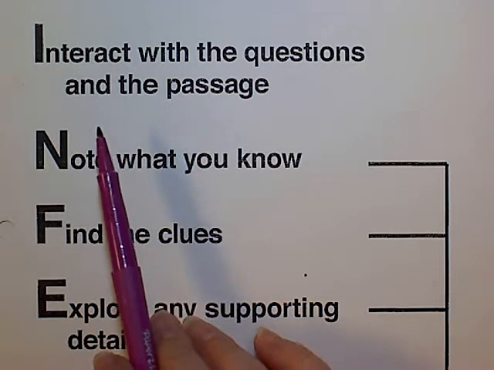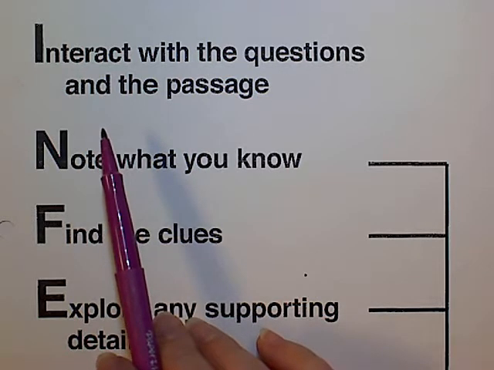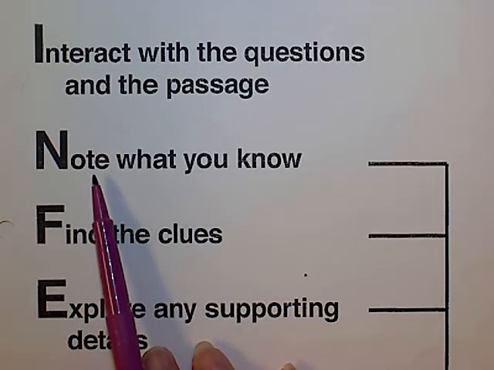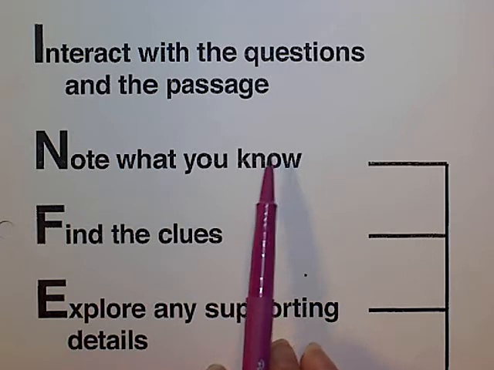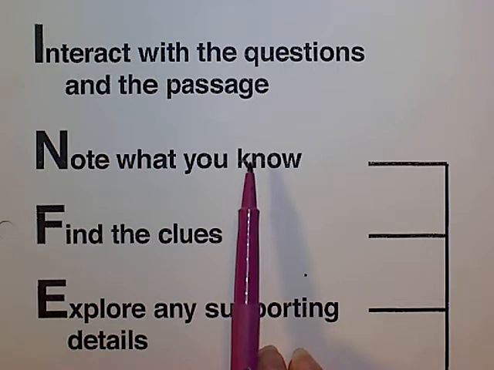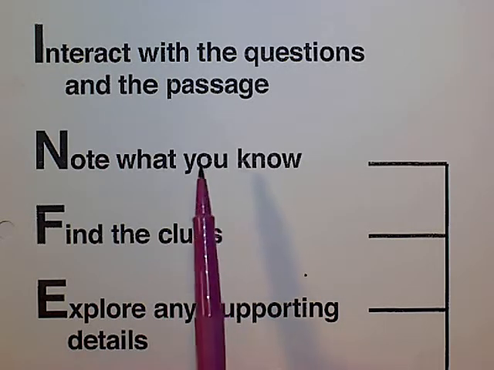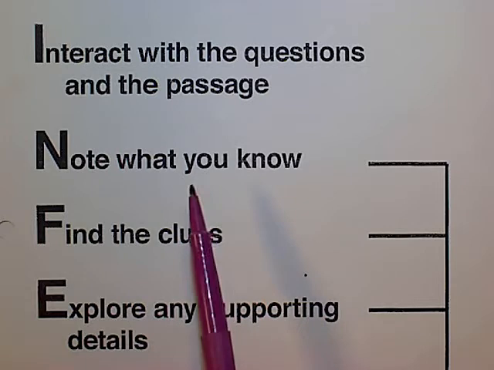Right, well, it's to remember to underline key words in the questions that can help you look for clues in the passage. For the note step, note what you know, you will decide what kind of question it is, and you will write a code letter next to the question. So what code letter did we decide is for factual question? Well, factual begins with an F, so our code letter is F.